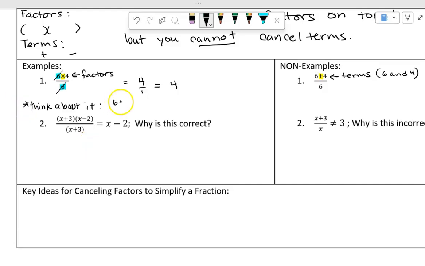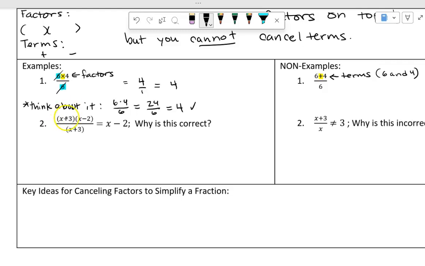Think about it. 6 times 4 over 6 is 24 over 6, which does equal 4, so this does work. And the reason is, when you take 6 times 4 and you get 24 on top, but then you reduce it by a factor of 6, so you're dividing out a 6, really what you're doing is you're reducing the 6's that are already inside the 24.